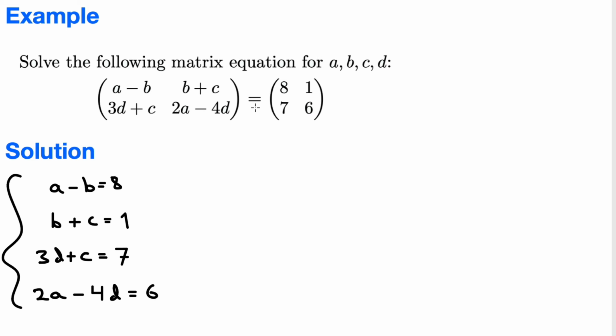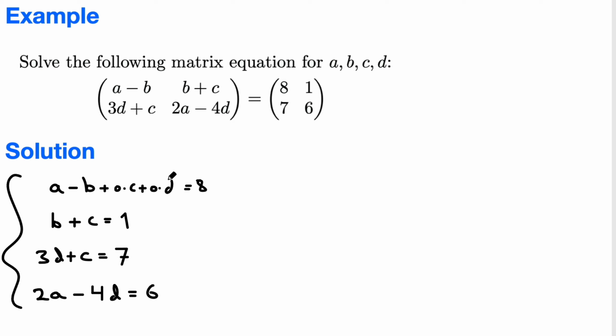D. And actually, if we think about this, this is A minus B plus 0 times C plus 0 times D equals 8.